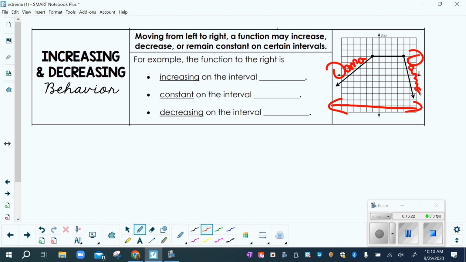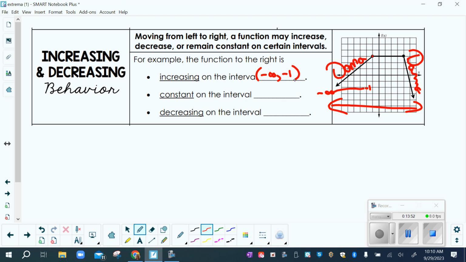So we're going to talk side to side, and we're only going to use parentheses here because this point is both increasing and flattening out, so it doesn't belong to either one. Watch what we're going to say. From negative infinity all the way to negative 1, my graph is increasing. Do I have to worry about brackets or anything? Nope.